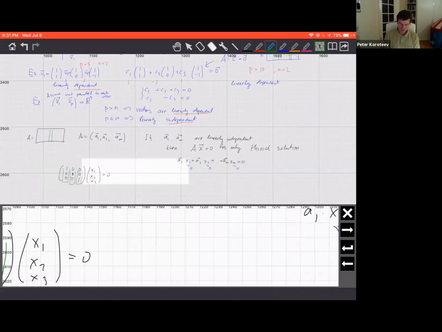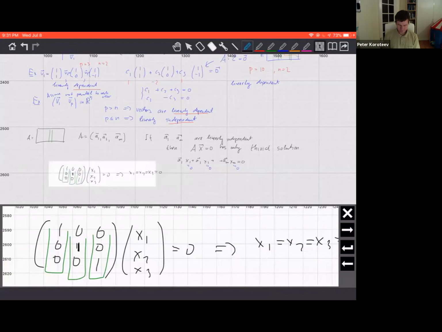So from here it follows that x1 equals x2 equals x3 equals 0. In terms of echelon decomposition, every column is a pivot column, so there are no free parameters. That's yet another way to say the same thing.